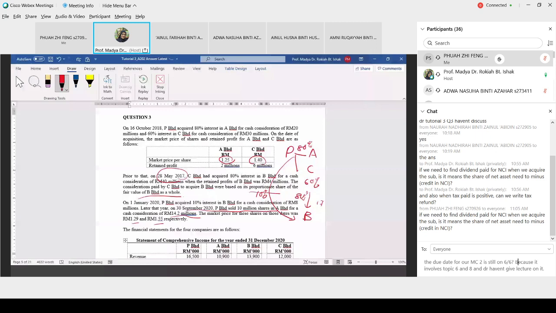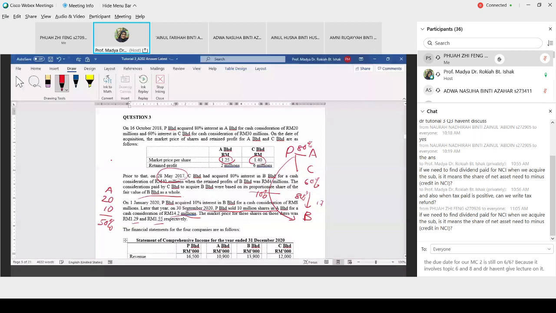You dispose 10 million, which means that you dispose 50%. Previously you had 80%, so 80% minus 50%, now you only have 30%. So it's only an associate. A is no longer a subsidiary, it's only an associate.